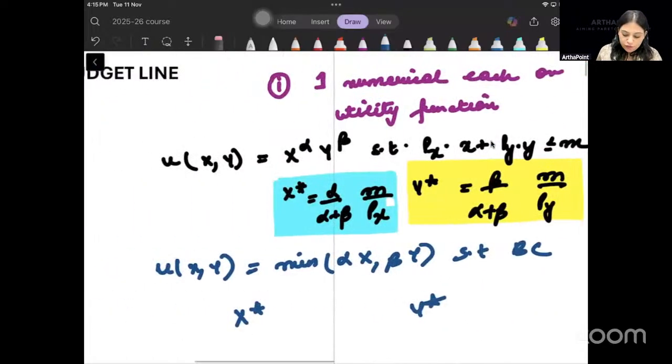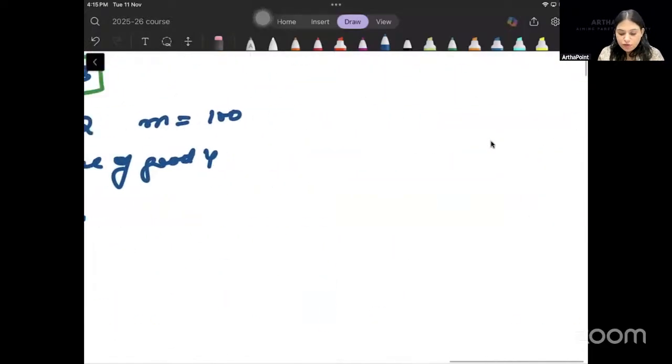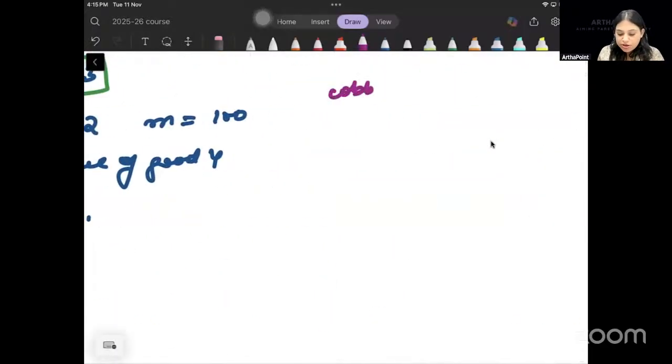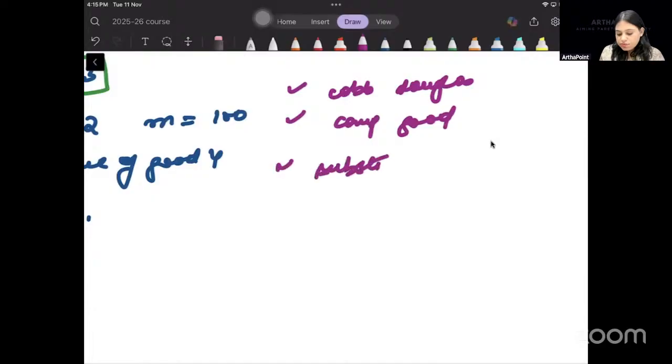So that's the first thing. You will do all forms of utility functions. Which forms are important? Cobb-Douglas, complementary goods, substitute goods, very, very important, quasi-linear.